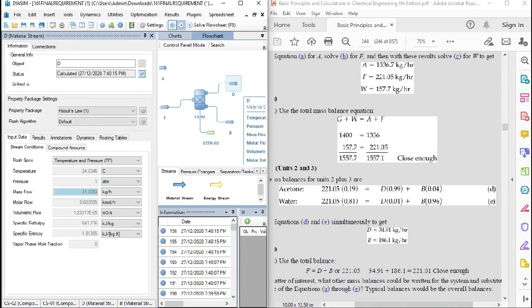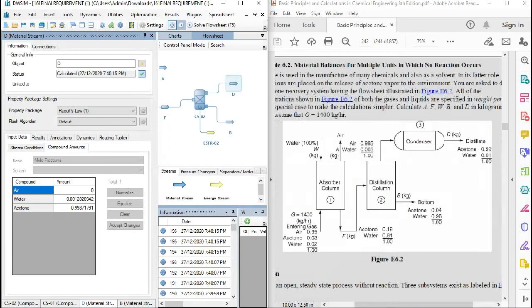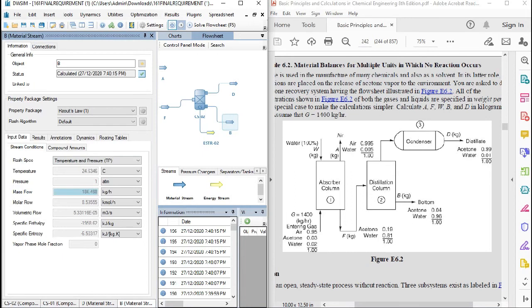Yeah, this is the value that we're looking for. And the compound amounts, 99 point something, as shown in the weight percent in the flow. And for our B, it's not exactly 96%, but very close to 90%.